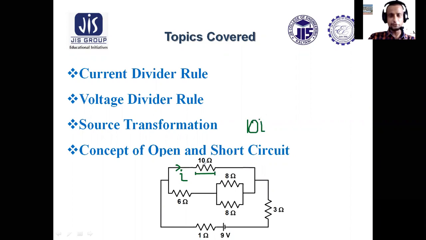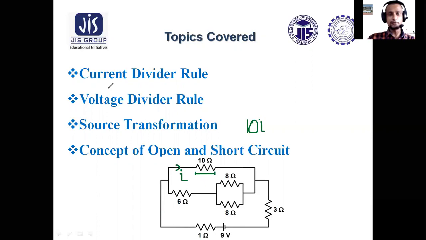So to determine voltage across a branch, a current is needed. Or you can directly get voltage across this branch using voltage divider rule. So we'll be discussing these two rules in order to calculate voltage across a branch or current through a branch in a complex circuit.